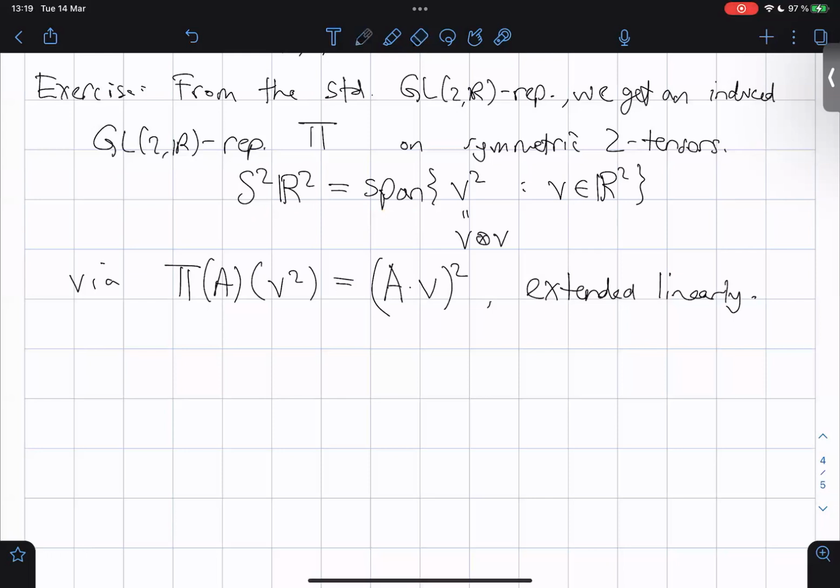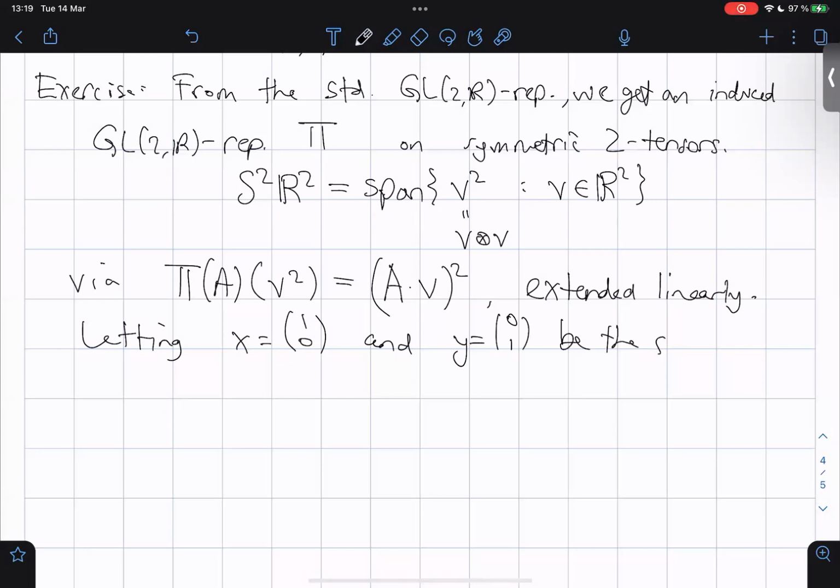So let's make this more explicit. Let's take a basis of R2, the standard basis.